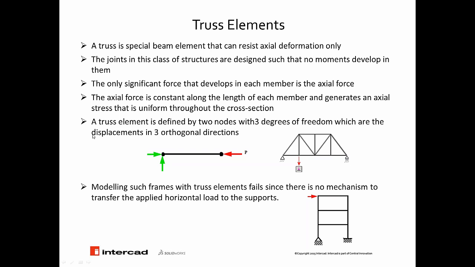Okay? A truss element is defined by two nodes with 3 degrees of freedom, which are displacements in 3 orthogonal directions. So if you have a structure which is just under axial loads, then we can treat it as a truss, and that also improves the calculation time for us.